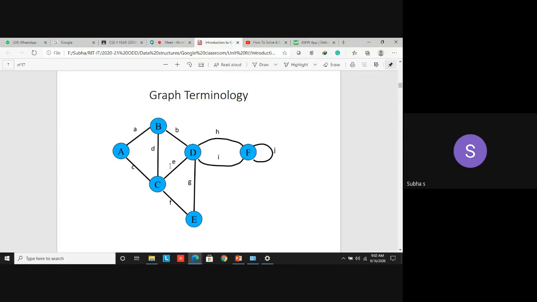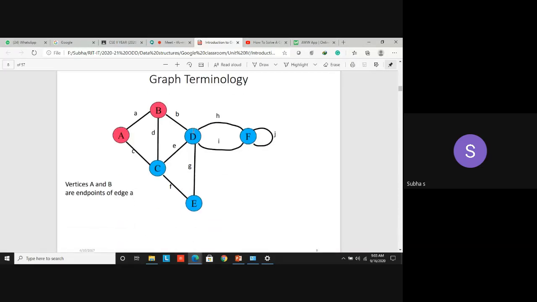Similarly, B, D, and C, this particular part can also be called a graph. C, D, E is a graph. D and F itself, can we call it a graph? Yes, because I have two nodes and a minimum of one edge. Here I have three edges. Why I have mentioned them separately: from D to F I am connecting through H, and from F to D I am connecting through edge I. But in simple words I can use the same edge also. Just for differentiation I have mentioned them.